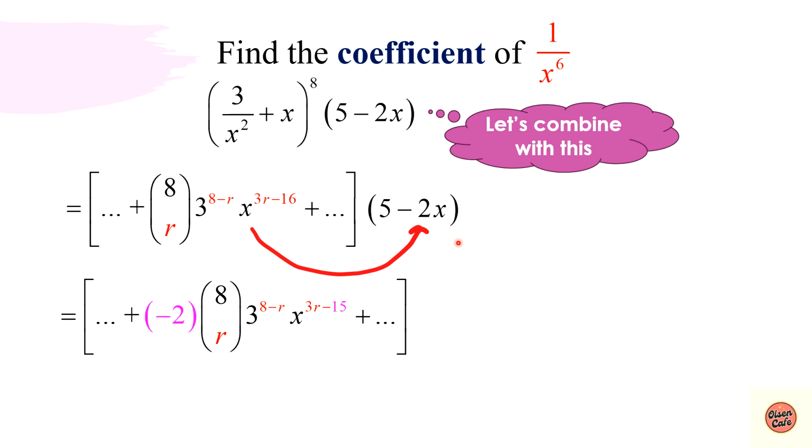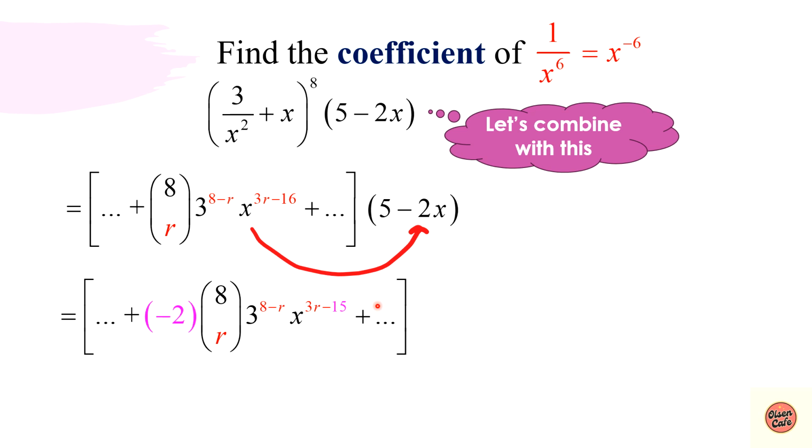Now, let's take a look. You notice that we can actually rewrite the index of this term here. So 1 over x to the power of 6 is the same as x to the power of negative 6. By doing this, we know that this x to the power of negative 6 has to be equal to x to the power of 3r minus 15.